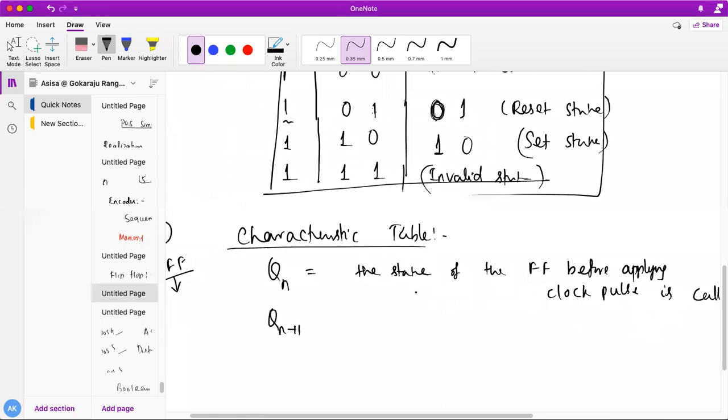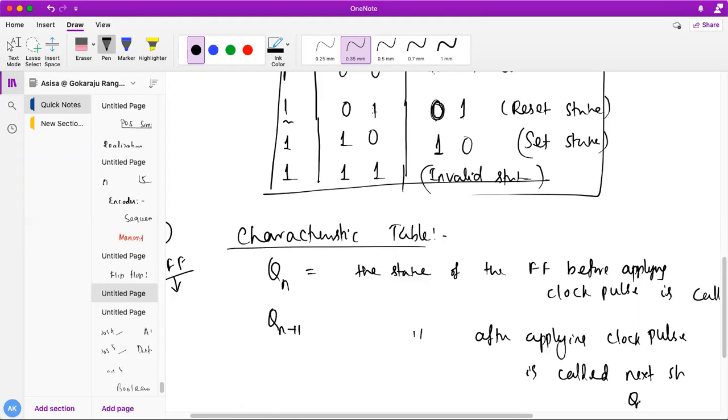Now the state of the flip-flop after applying the clock pulse: now I have applied the clock pulse. Depending upon the inputs, it will change my output and store the desired value. The state after applying the clock pulse is called the next state, defined as Qn plus 1. Qn is the present state; n plus 1 means the next state.